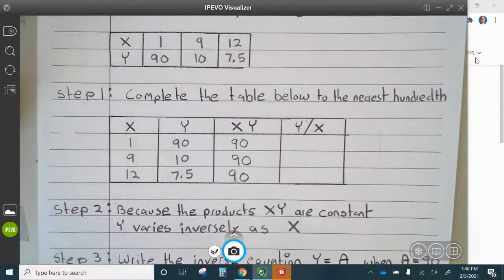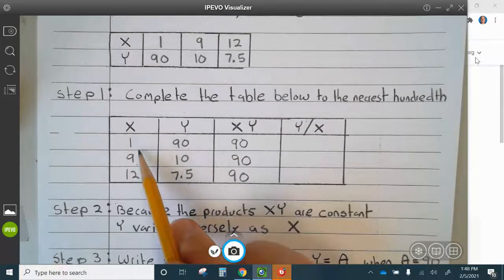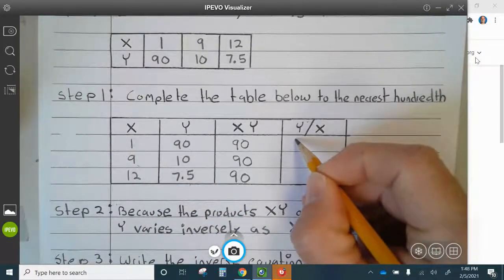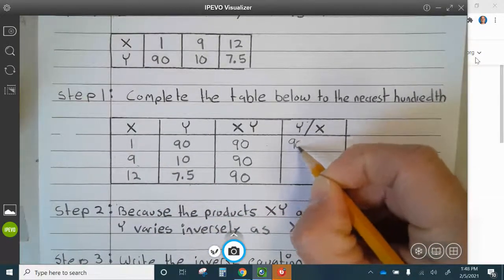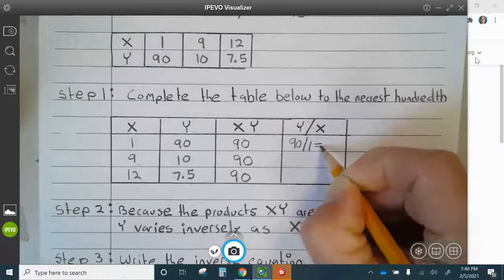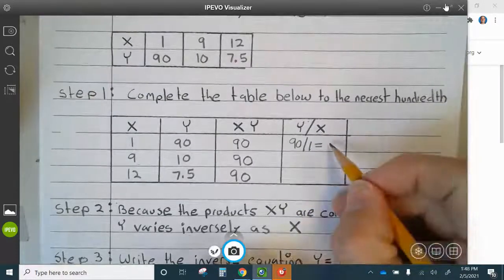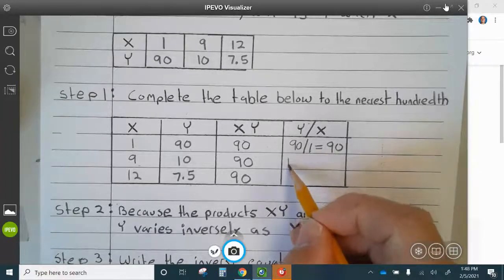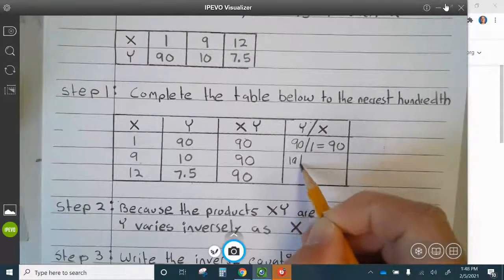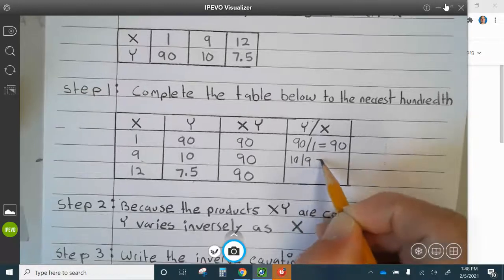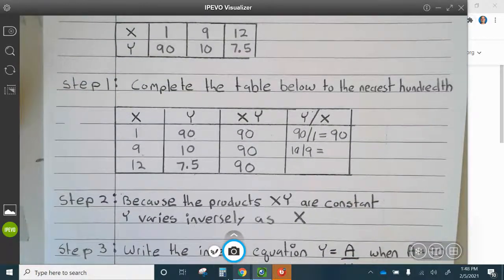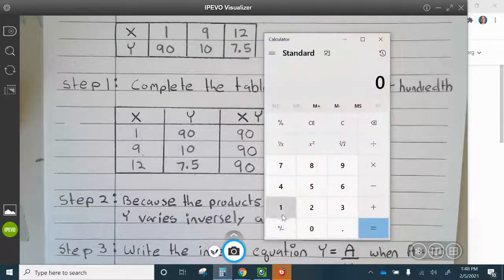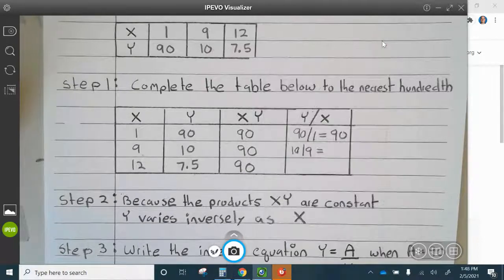All right, so now we need to do y divided by x. So that's 90 divided by 1, which equals 90. That's 10 divided by 9, which equals 1.1, let's just say.